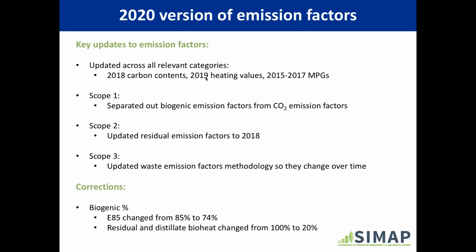A few other corrections that we made that Allie briefly touched on: E85 we have changed from being 85% biogenic to 74% biogenic to better reflect the actual composition of the average ethanol E85 mix in the United States, and did an error correction for residual and distillate bioheat. Previously, these were 100% biogenic, and now they are only 20% biogenic.